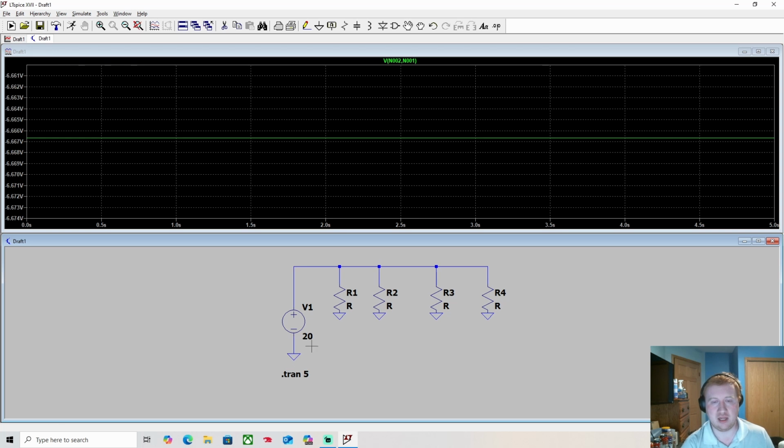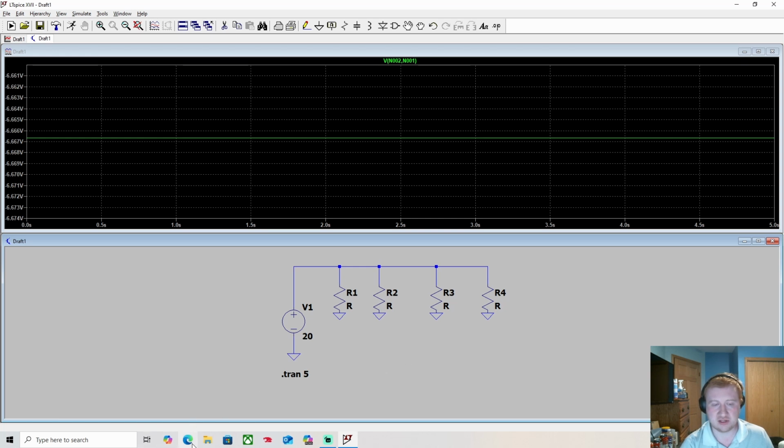Imagine if we had 50 resistors and other components in parallel and series and a mixture, and this became a huge circuit. Imagine trying to connect all these different ground points to one singular point. That'd be really hard to do and pretty much impossible when it comes to more advanced designs.